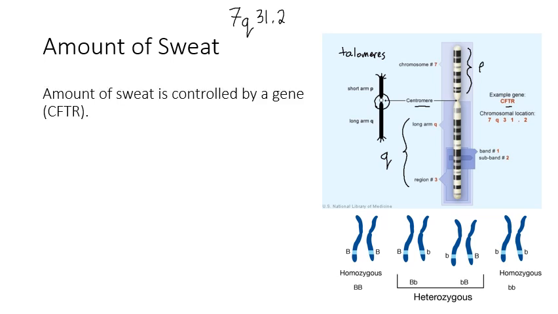Now, the amount of sweat controlled by this CFTR gene is responsible for telling a protein to make water, essentially, in tissue. And sometimes there's going to be mutations that are going to produce less water, and other mutations that are going to produce more water.